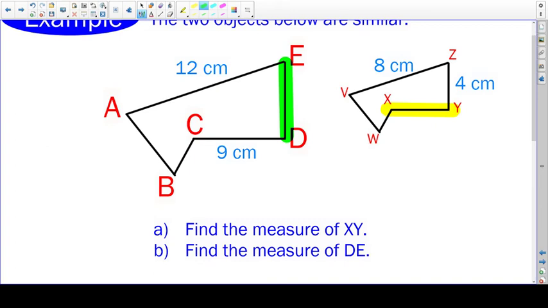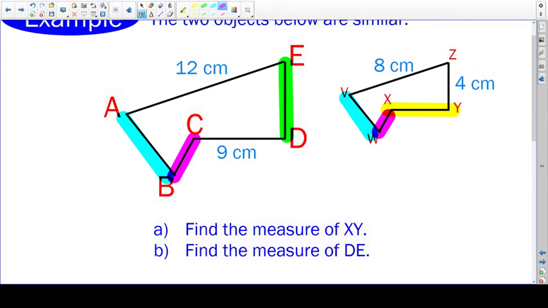We have to use the given information to help us. The given information will be able to tell us what the scale factor is. So I need to find 2 corresponding sides where we know both of the sides. For example, I know that AB will correspond to VW. Unfortunately, I don't know either of those sides. I also know that BC corresponds with WX. Again, I don't know those sides.